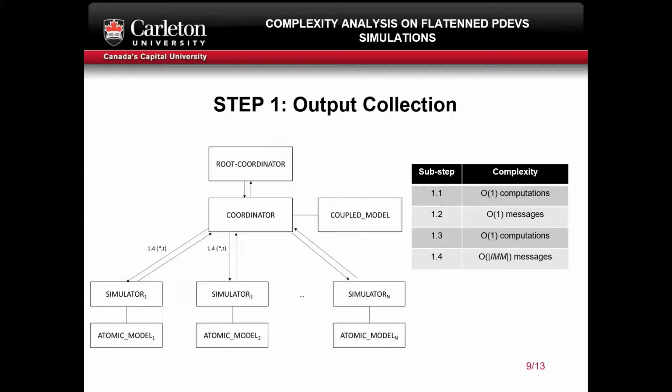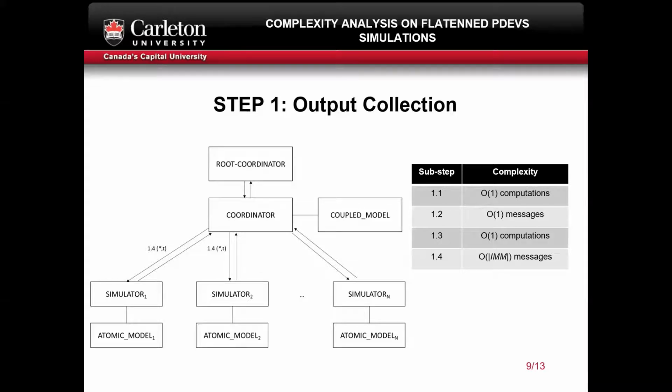In this way, this protocol executes in order. Coordinator has a list with all the next events of each one of the simulators, and it executes in order first the ones that have the minimum time. And before executing the transition in those simulators, what it must do is collect the outputs from them.